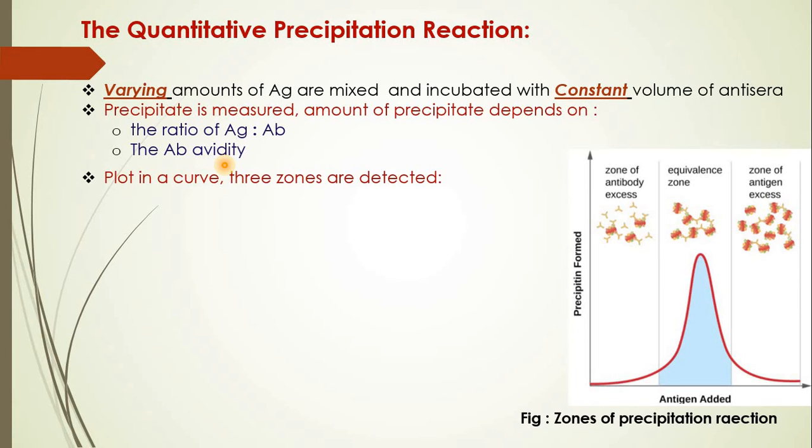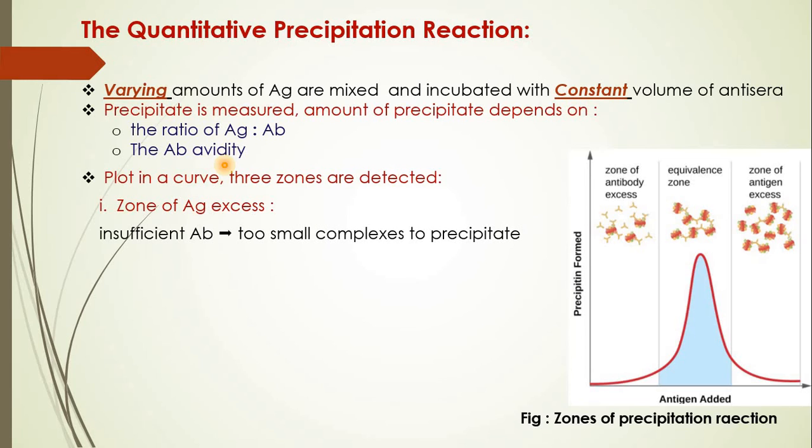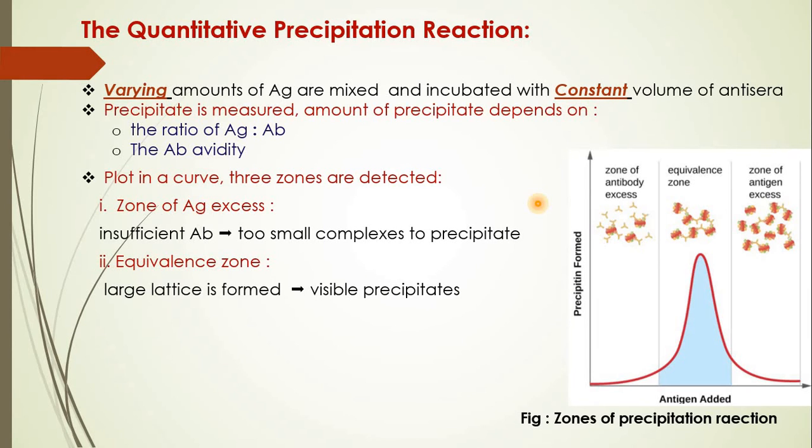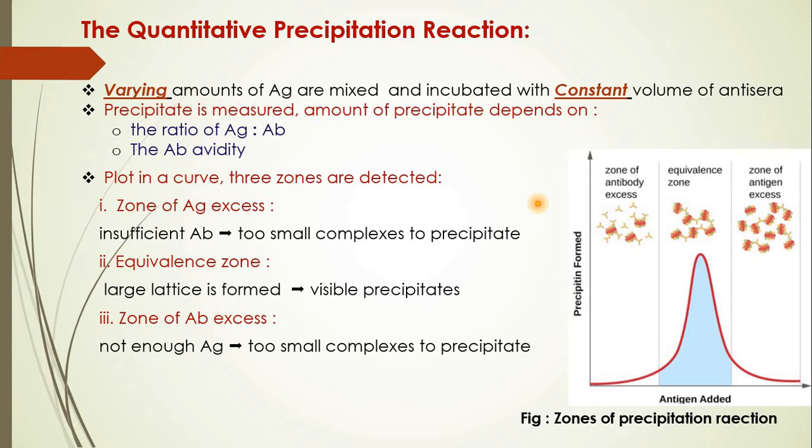Now, when a plot is made to understand this quantitative precipitation reaction, we can say that there are three different zones: the zone of antigen excess, then the zone of equivalence, and the zone of antibody excess, right? Now what is the zone of antigen excess?